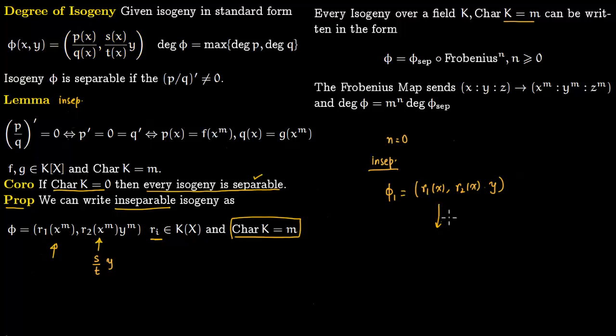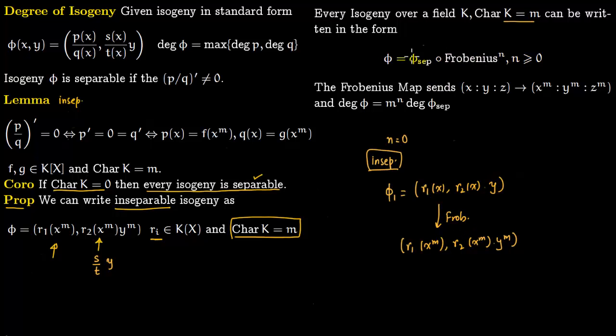Then you apply Frobenius to it, and you land in this isogeny, which we know is our isogeny because we are working in the inseparable case. Now the only question that arises is, what if this phi 1 to start with was inseparable? Then you just use this procedure recursively. You find other rational functions like this and you apply Frobenius again.